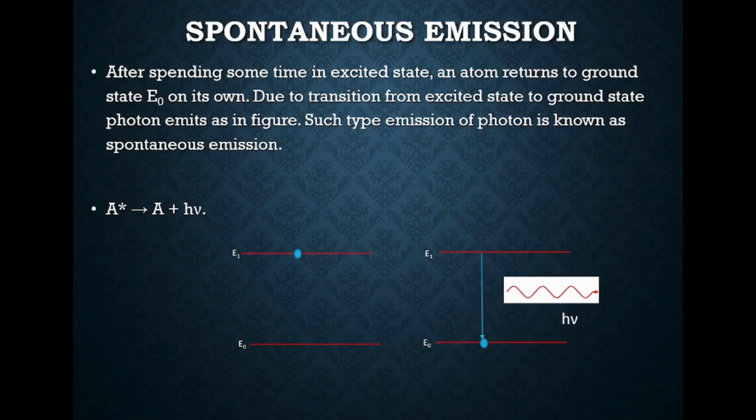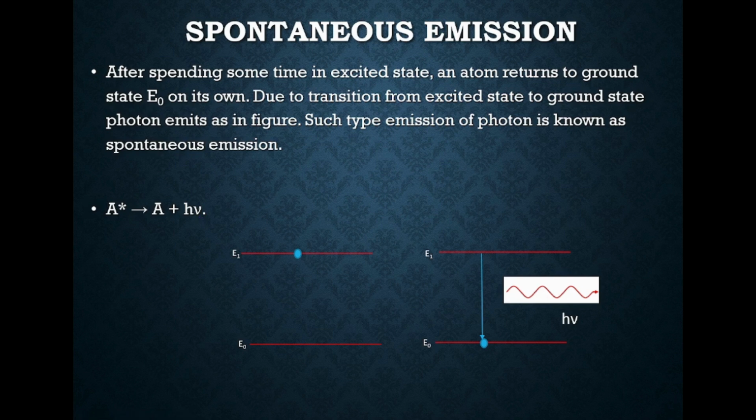We will also write spontaneous emission in the form of a reaction. A star is the atom which is already in the excited state. It will transit from the excited state to the ground state. So the atom A in the ground state, plus h nu, the energy emitted as a photon having energy h nu.